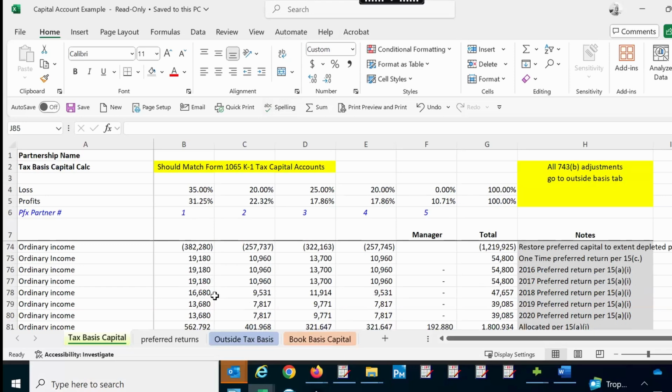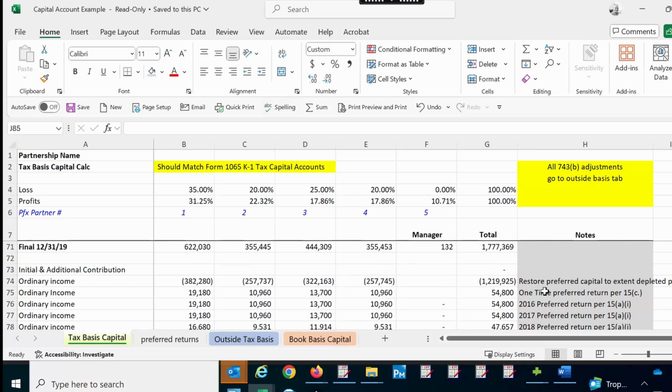So hold on. Your comment of restore preferred capital to the extent depleted. So that line, I think what you're saying, Aaron, is you created a hypothetical fact pattern and you generated 1,219,000 of losses, which, going back over here, depleted your preferred capital. Yep. Okay. So when it depleted his preferred capital, my number's 1 million, I'm gonna make his 10.